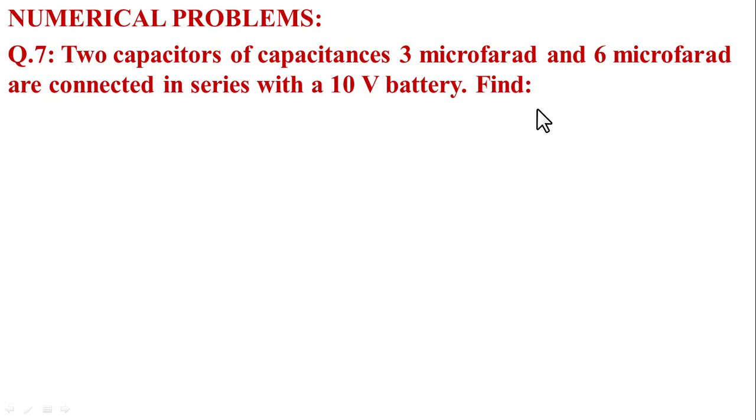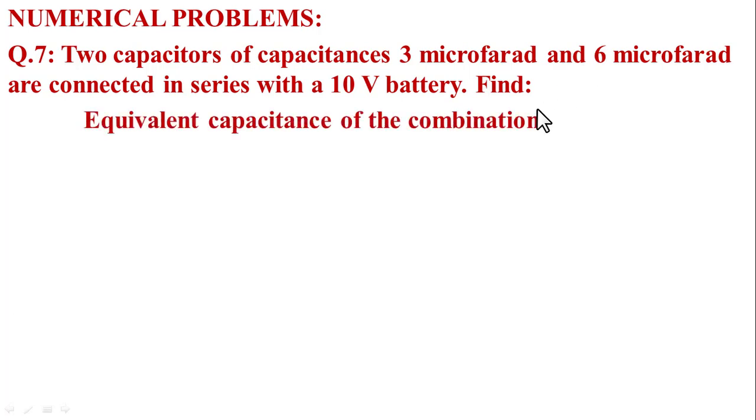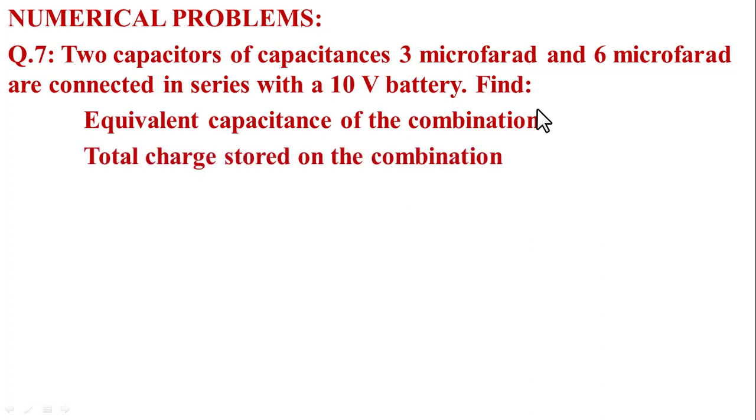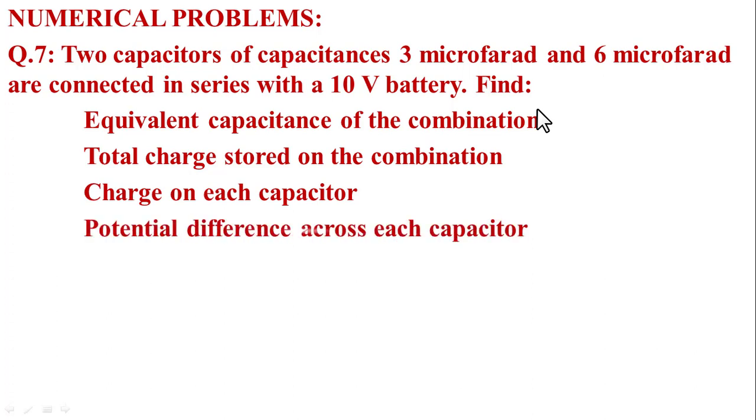Find, first part, the equivalent capacitance of the combination; second part, the total charge stored on the combination; third part, the charge on each capacitor; and last part, the potential difference across each capacitor. Here the capacitance is found for a series combination.